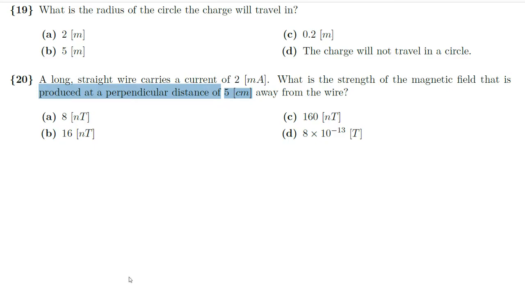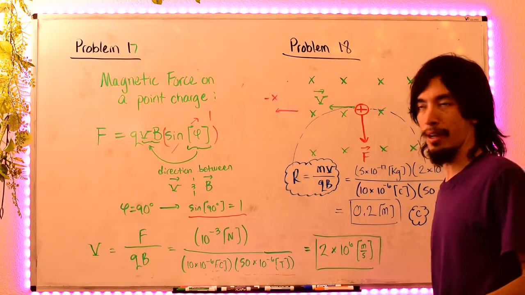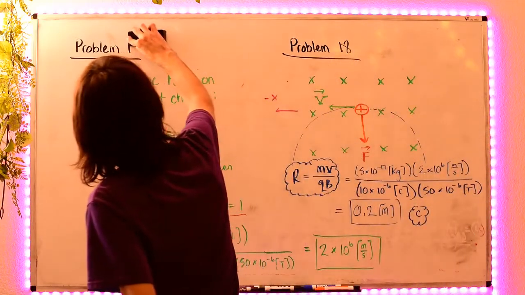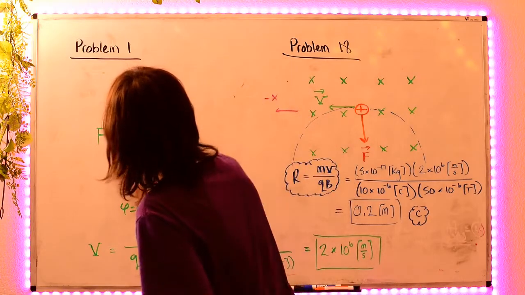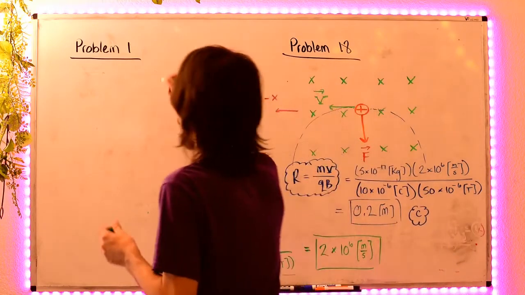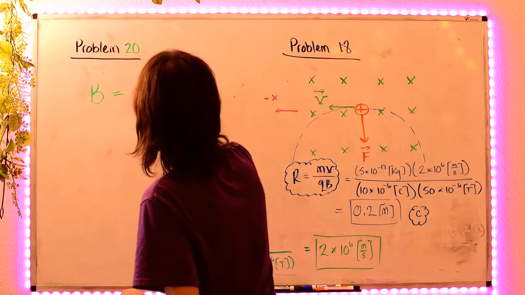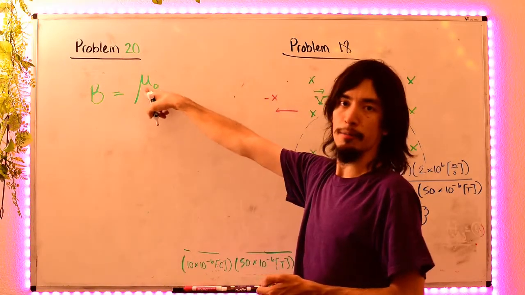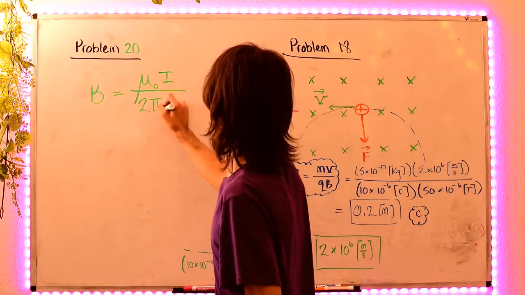The equation that goes with this is that the strength of the magnetic field, B, is equal to the following. The strength of the magnetic field, B, is some constant mu naught times I divided by 2 pi r.